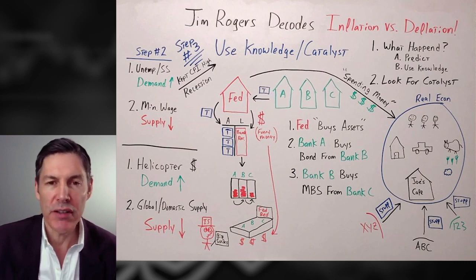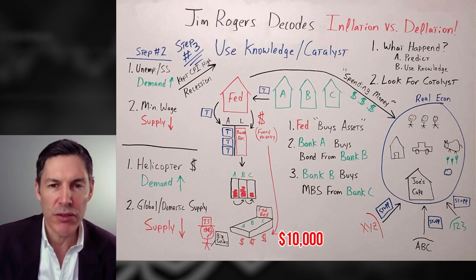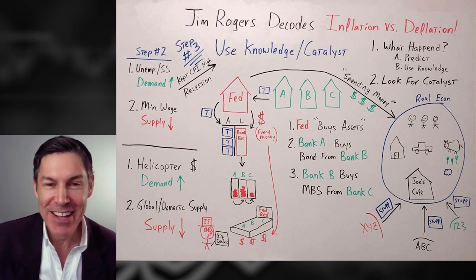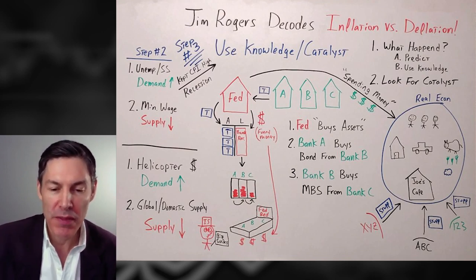Another way to look at this is, let's just say you have $10,000 and you stuff it under your mattress. It's not going anywhere. It's not going to create more demand in the real economy. Why? Because the money's under your mattress. So let's just pretend for a moment the Fed actually has a bed and a mattress. We'll call it the Fed bed.